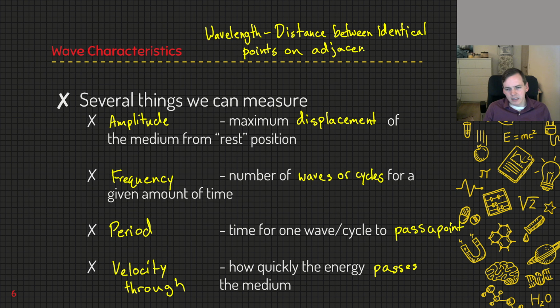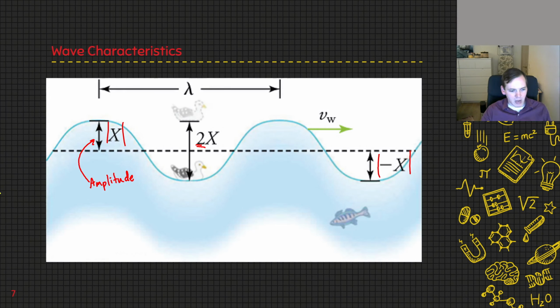And this is a weird technical definition because we need to be kind of precise in our language. But practically speaking, it's easy to know as just the distance between two peaks or the distance between two low points. Those are both going to be your wavelength. And we typically represent that with this character lambda. And it's wavelength.